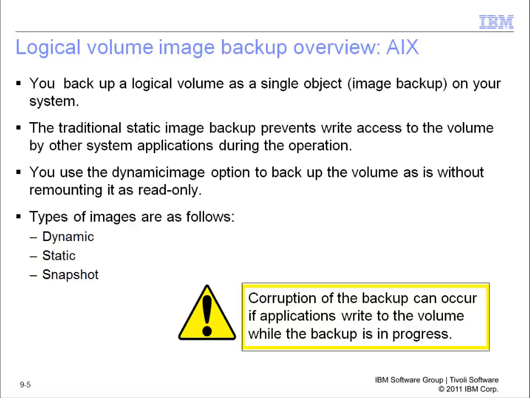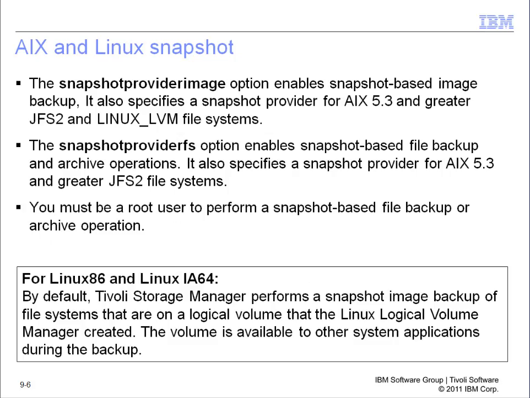This is where you're going to not take the system offline, you're just going to run a snapshot. With AIX and Linux snapshots, you're going to need to have the snapshot provider image option in your dsm.opt file. There are examples of how to put this in your file in the notes under your slide.